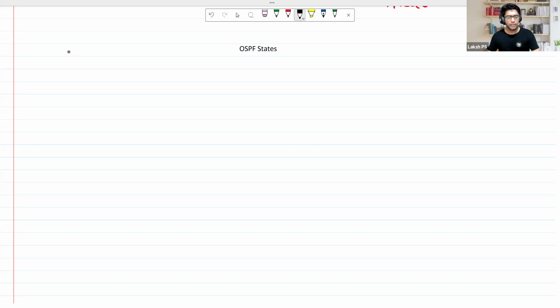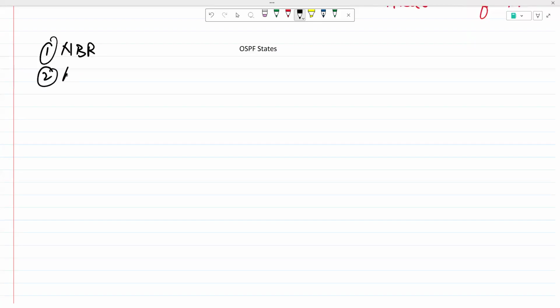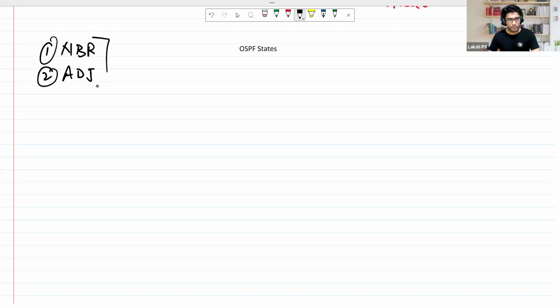I'll just call it neighborship. So there are two types: the first is neighborship, the second is adjacency. Anyway, to form neighborship or adjacency, let's first try to understand the meaning of neighborship and adjacency. So you met a friend.